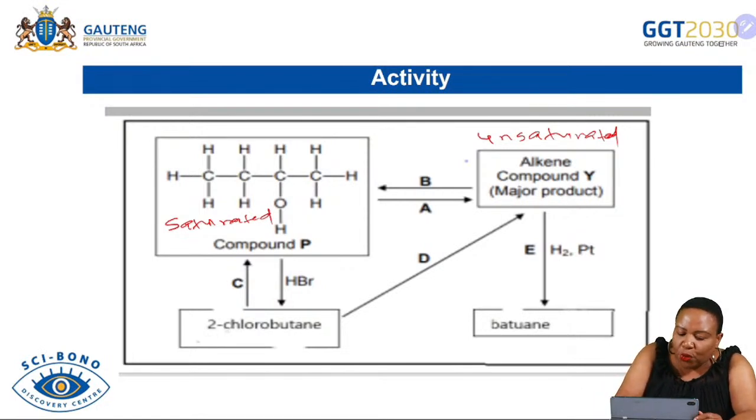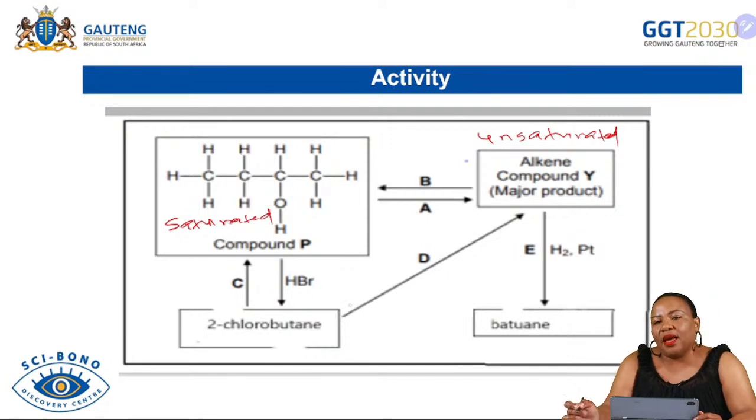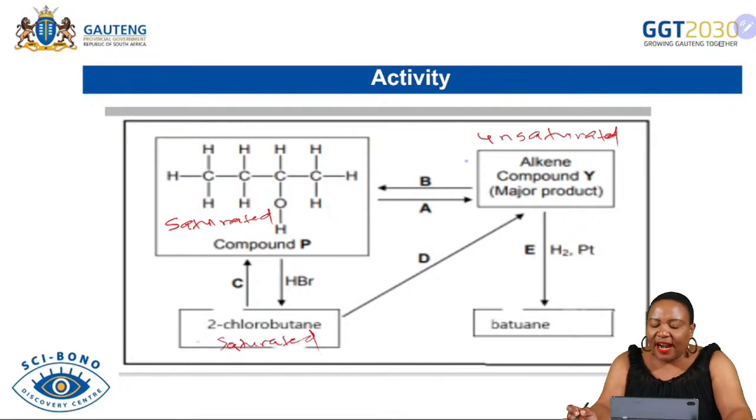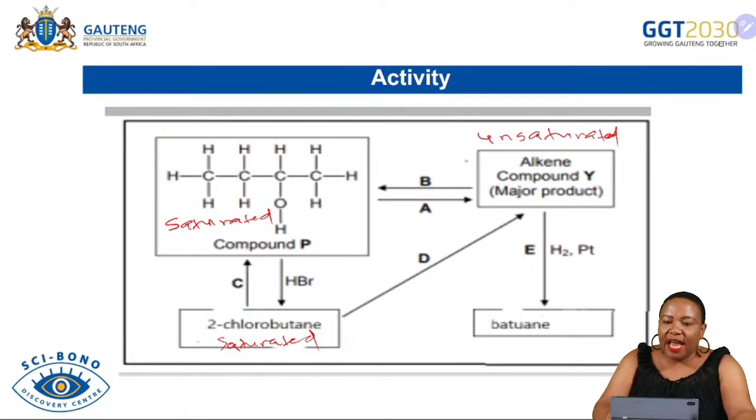We know that chlorobutanes, as we were naming the hydrocarbons in our previous session, are alkanes which have halogens, so they are classified as haloalkanes, and haloalkanes also fall under saturated compounds. Then the last one is butane. Butane is also an alkane, therefore it falls under saturated.